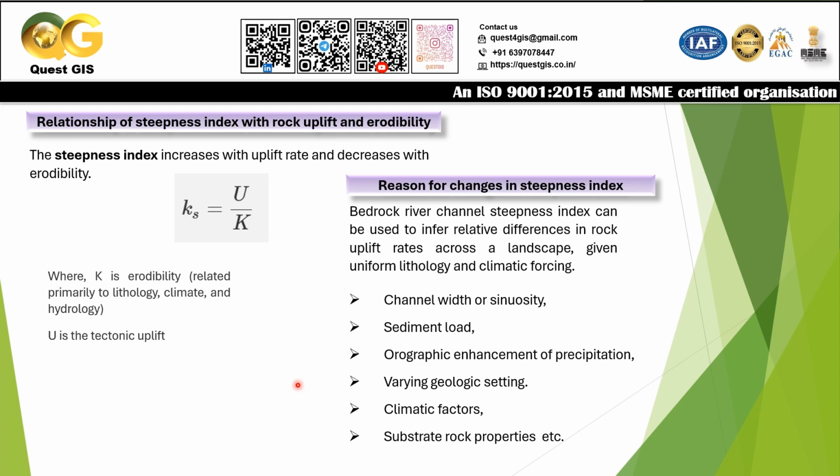So therefore, stream profile data that we are going to extract using QGIS becomes very important and is helpful in extracting regional tectonic information, or information on the factors affecting the landscape evolution of the area.